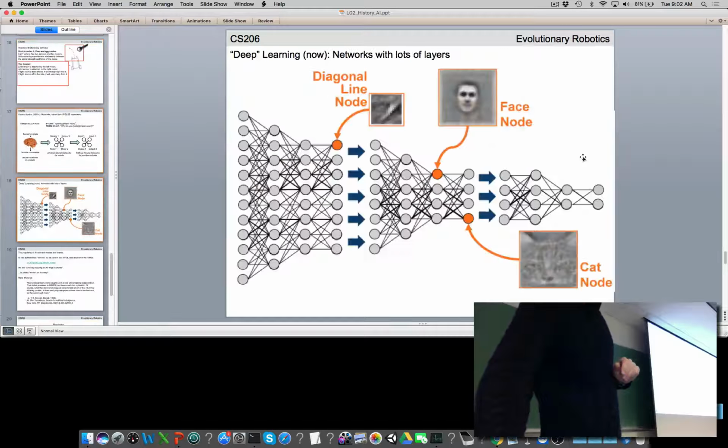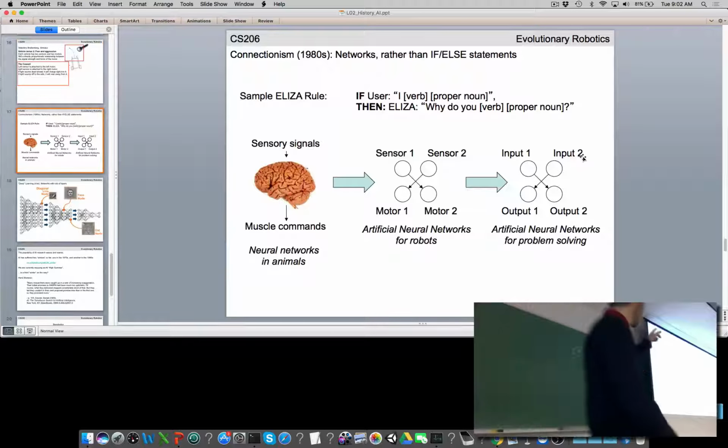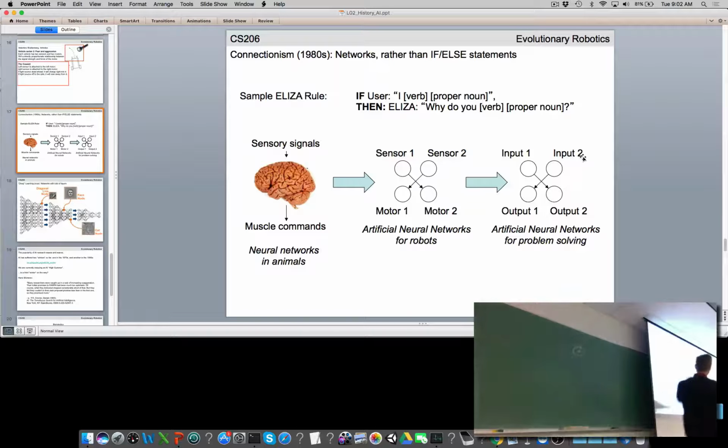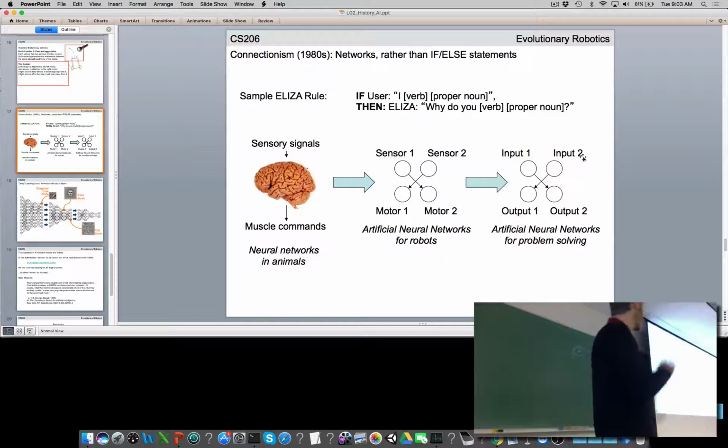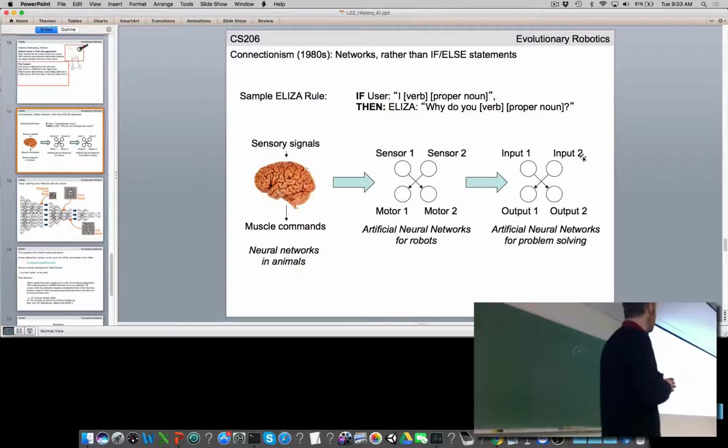Okay, so we're in the 1980s now. We talked about Eliza last time. Eliza was a chatbot that took input, broke that sentence down into its component parts, moved those parts around, and so on. There were a lot of these rule-based approaches to AI from the 50s all the way up to the 80s. And in the 80s, there was a revolution to say, wait a second.